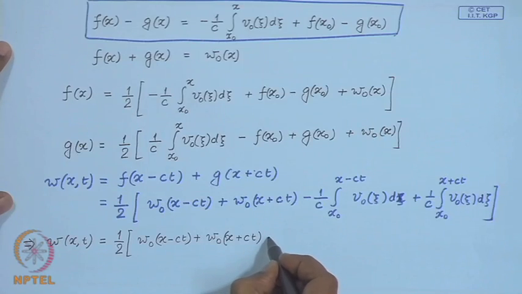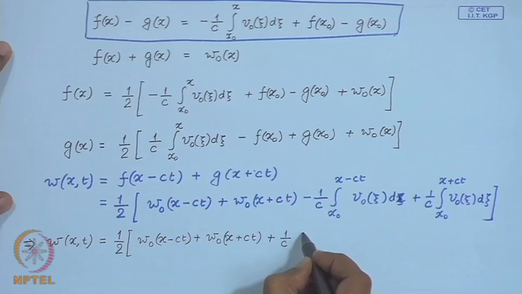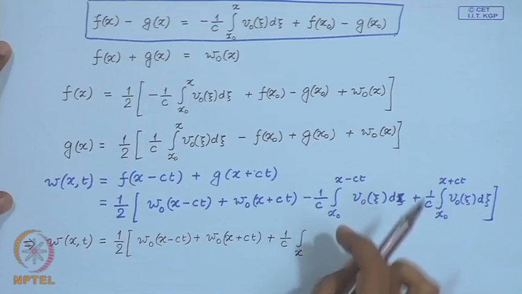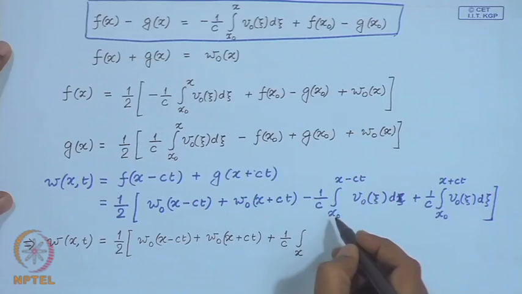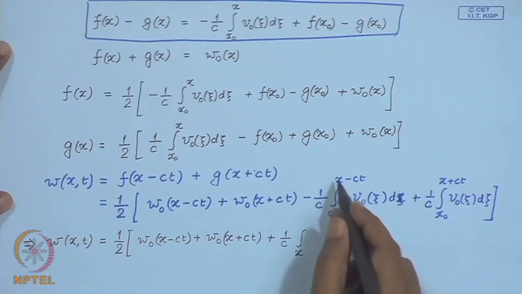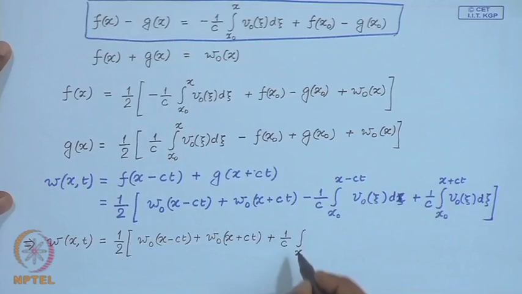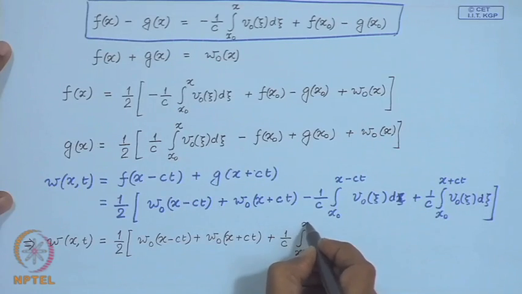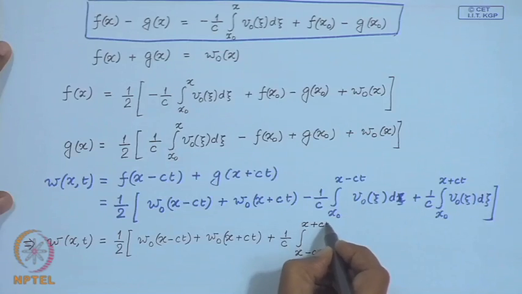Here I reverse the order, so this becomes plus x minus c t to x 0, and this is x 0 to x plus c t. So, this becomes x minus c t to x plus c t.